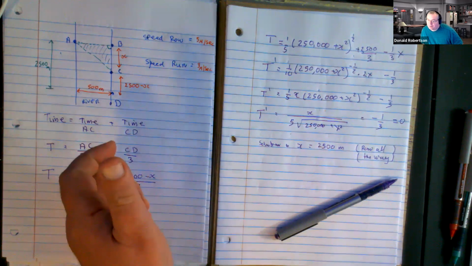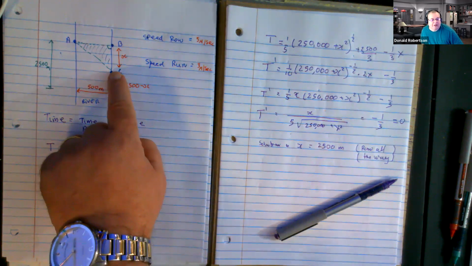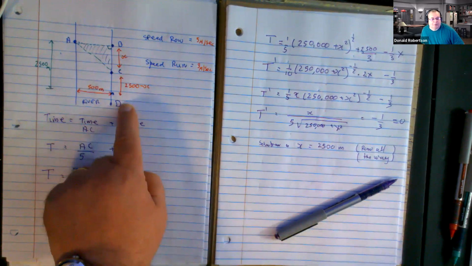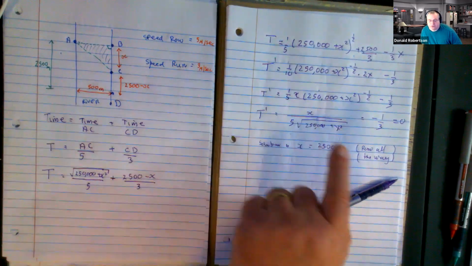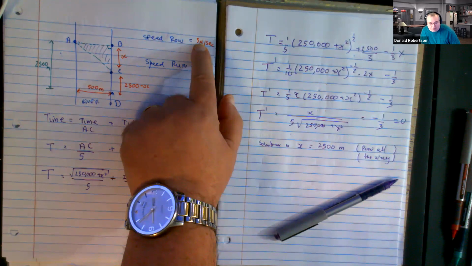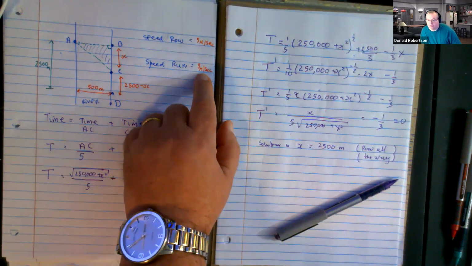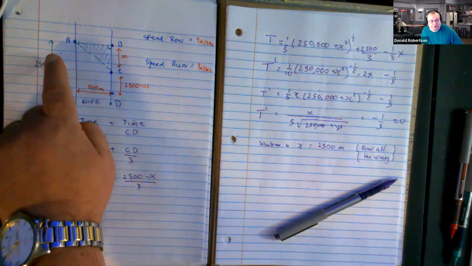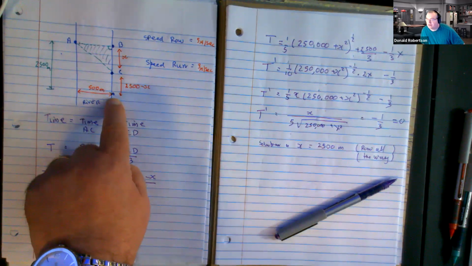And if I tweaked it a little bit differently, I could even make it where any point between here and here would work. Our solution just happens to be he runs really slowly and he rows really fast. And so the shortest time is going like this.